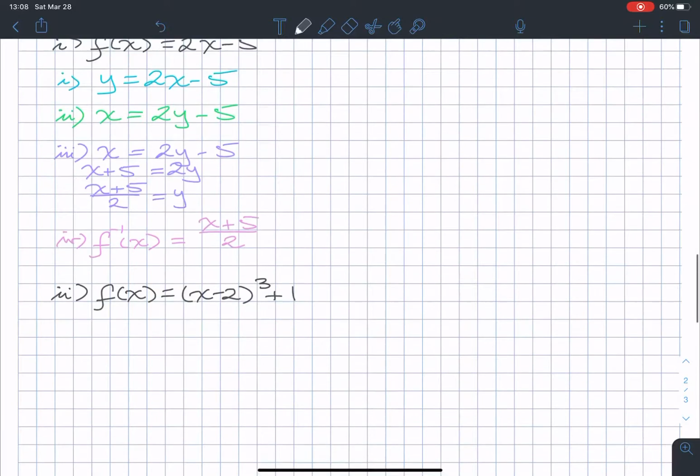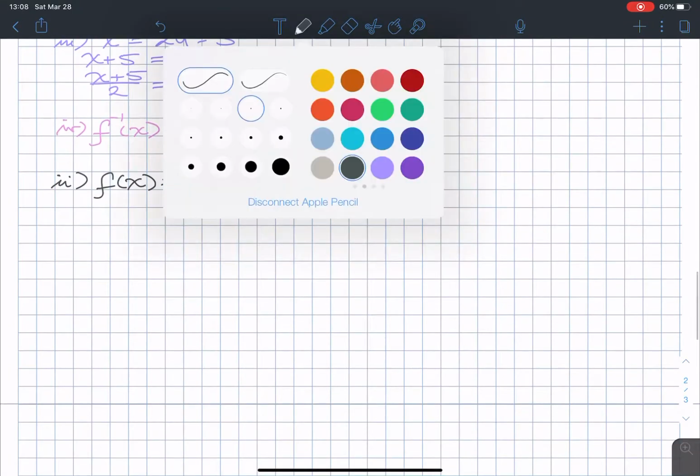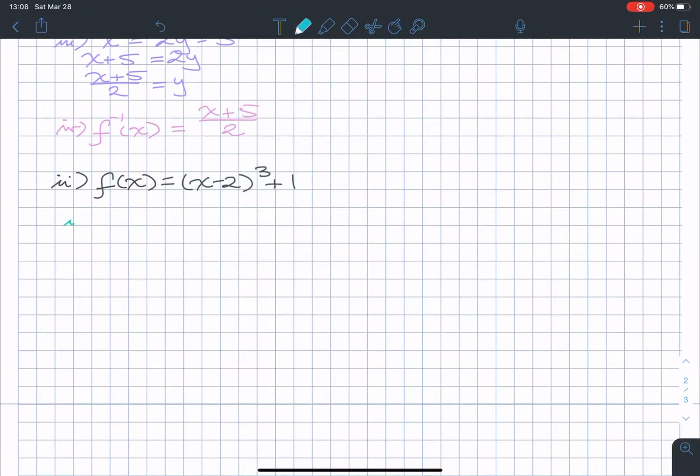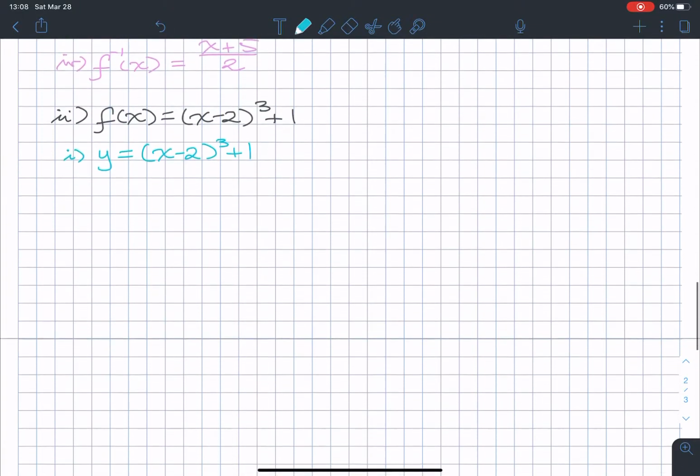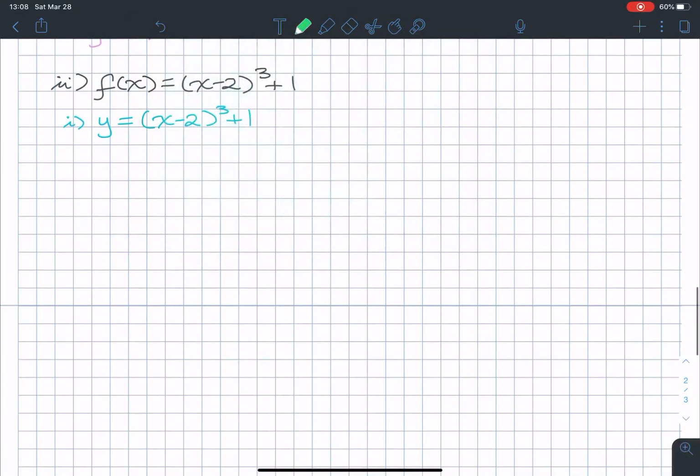But let's see. Step 1, we let y be in place of f of x, so y is x minus 2 quantity cubed plus 1. Step 2, I swap x and y, so this becomes x is equal to quantity y minus 2 cubed plus 1.